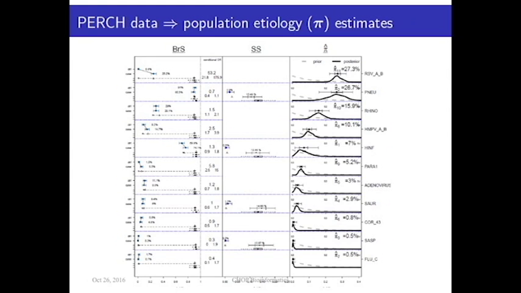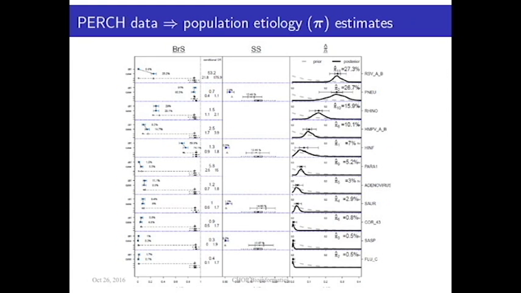And here are the posterior distributions for the fraction of the 5,000 children affected by each of the viruses. A full quarter of the pneumonia is estimated to be caused by RSV, and a big chunk from pneumococcal infections and so forth.